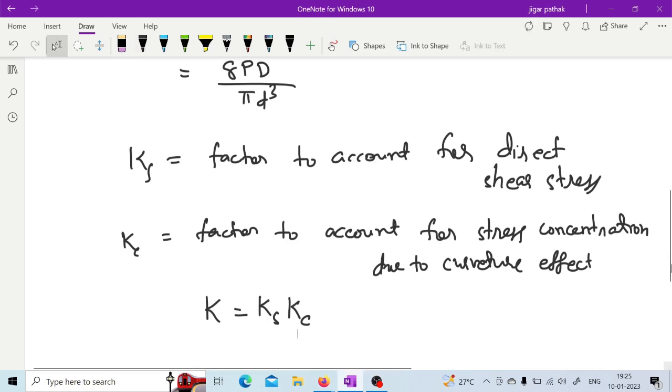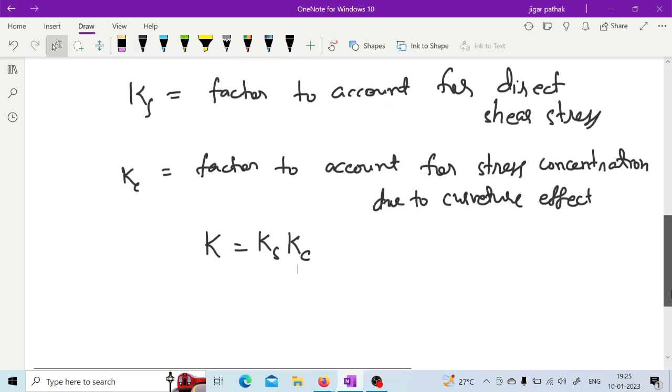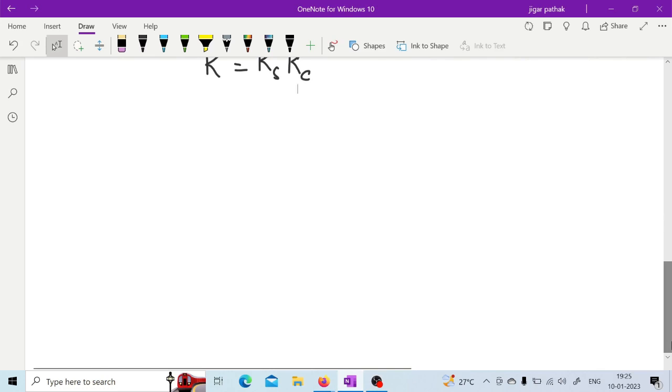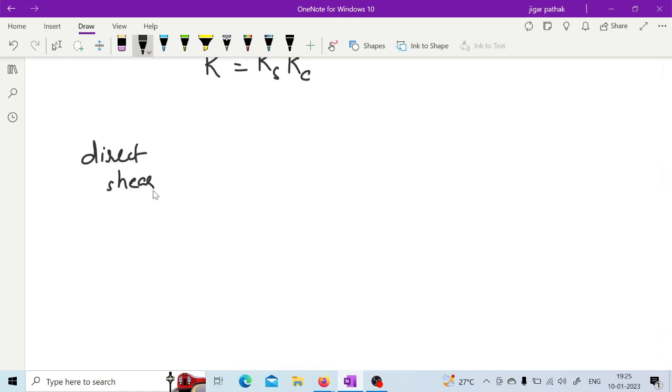So we will see how this particular constant is going to be used, but before that, if we consider the direct shear stress itself, direct shear stress acting in this particular case as, let us say, tau 2, then that is nothing but this force divided by area, right?